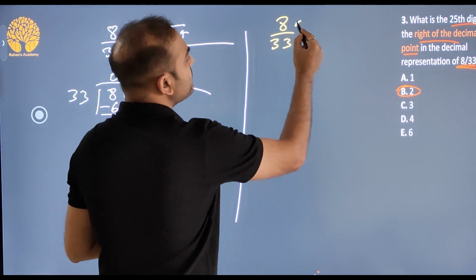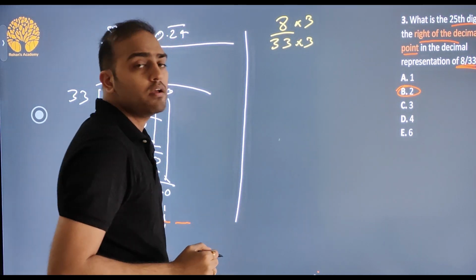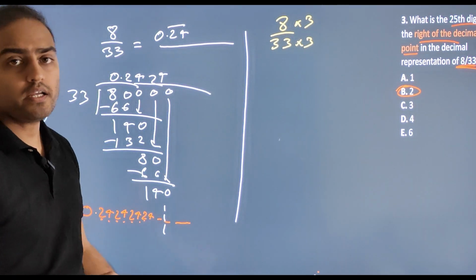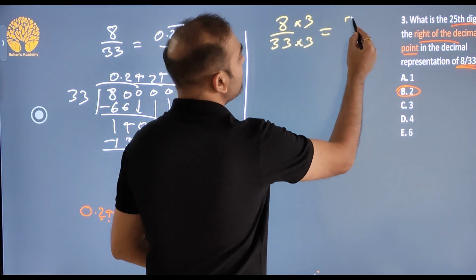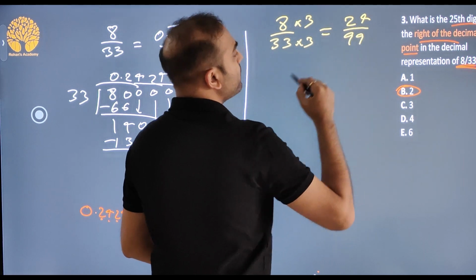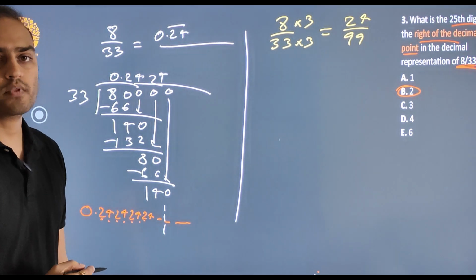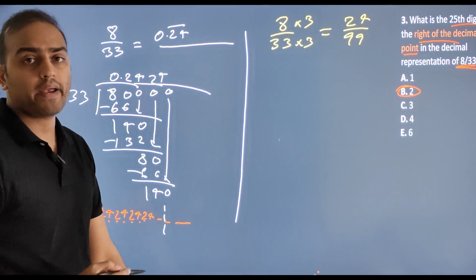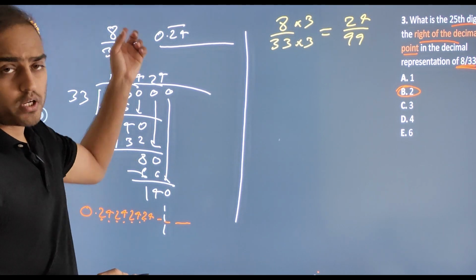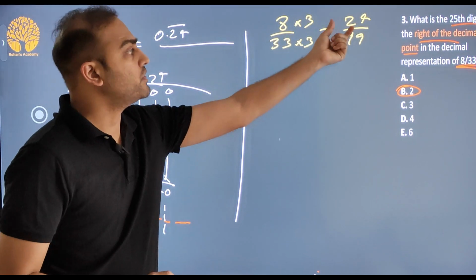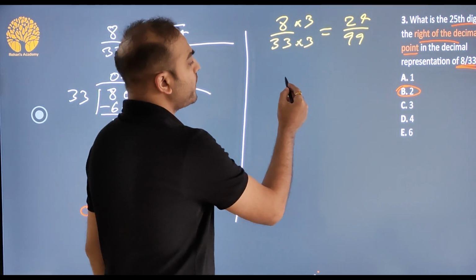I can multiply by 3. So what happens? I get 24 by 99. Now, whatever we have learned just now, if this is 24 by 99, what do I know?